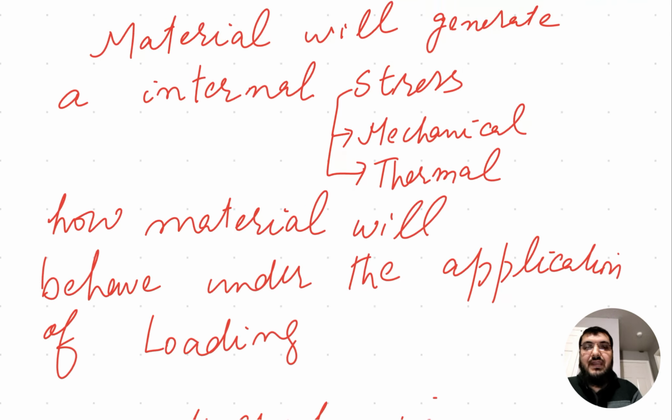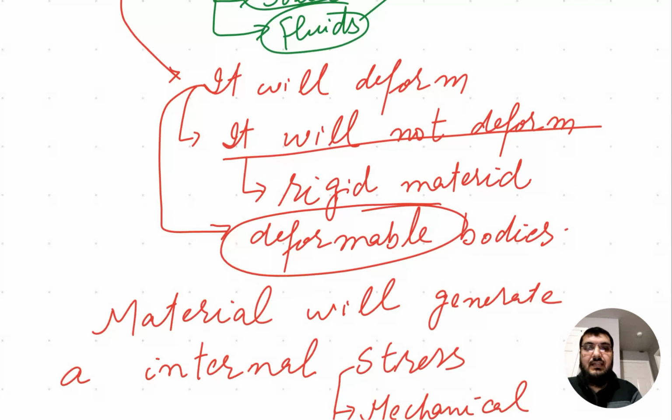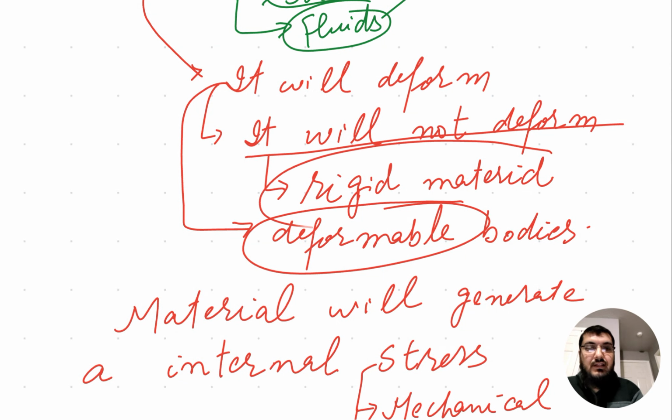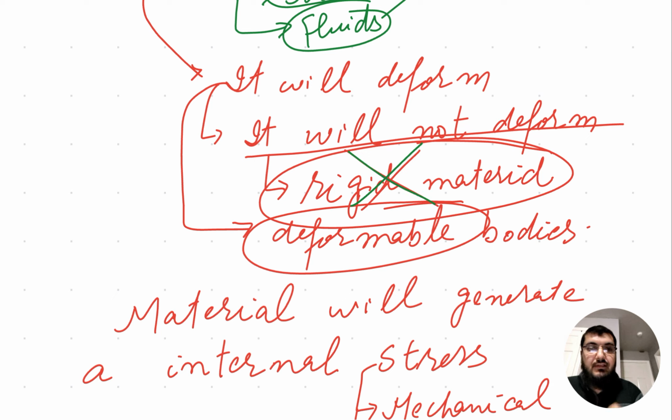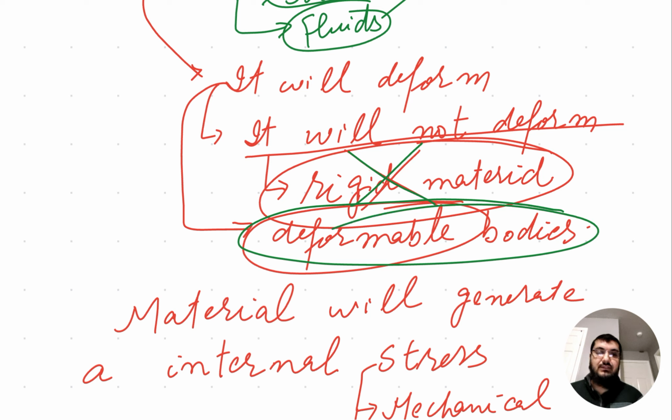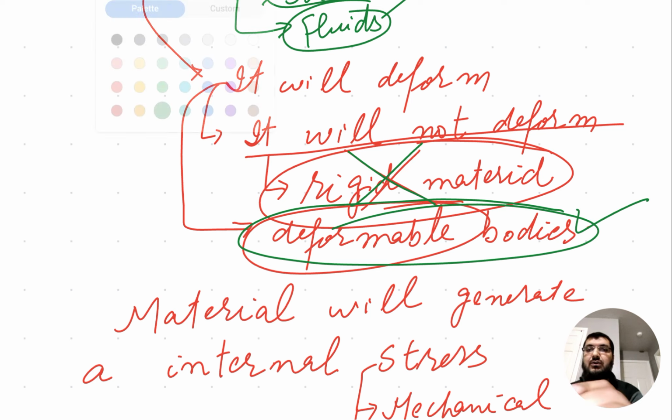Continuum mechanics basically does not deal with rigid body material. It will not deal with rigid body mechanics. Continuum mechanics deals with deformable bodies. We deal only with deformable bodies.